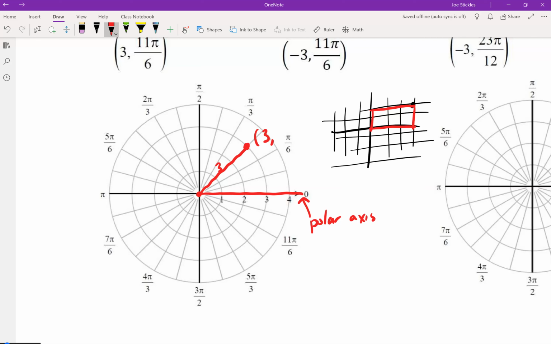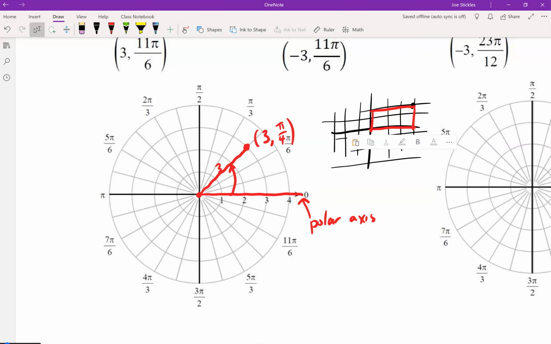When we measure angles, if we go up, around, counterclockwise, that's a positive measure. If we go down and around, that's clockwise, a negative measure. So in this case, if I go this way, then this angle looks like it's pi over 4, or 45 degrees.